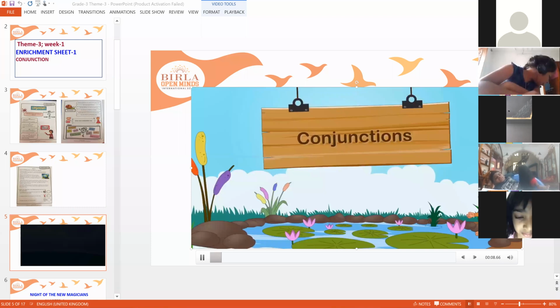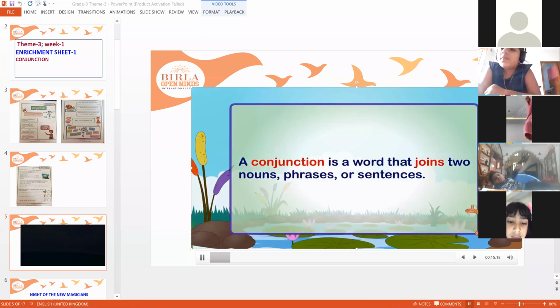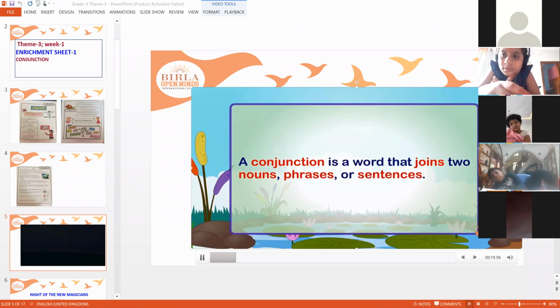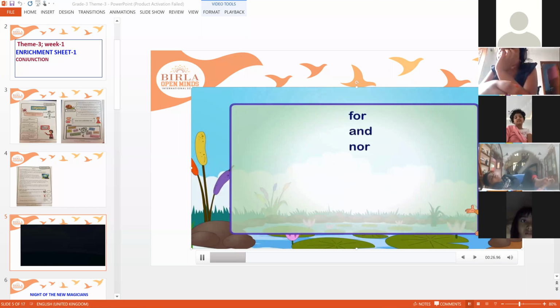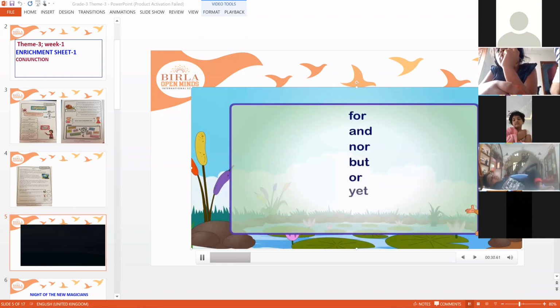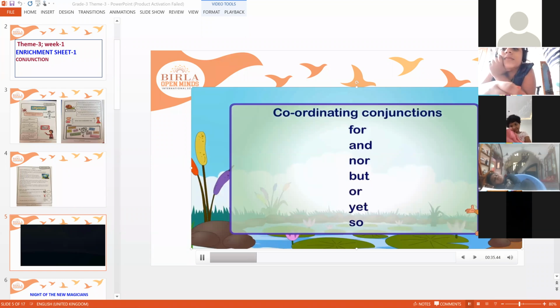Conjunctions. A conjunction is a word that joins two nouns, phrases, or sentences. The words for, and, nor, but, or, yet, so are called coordinating conjunctions.